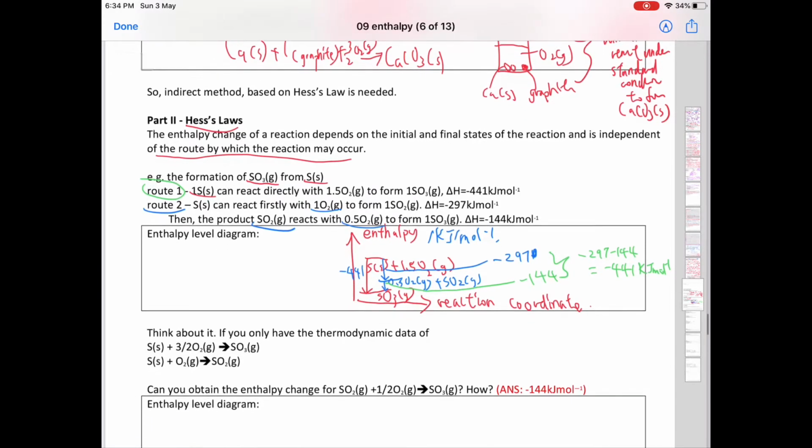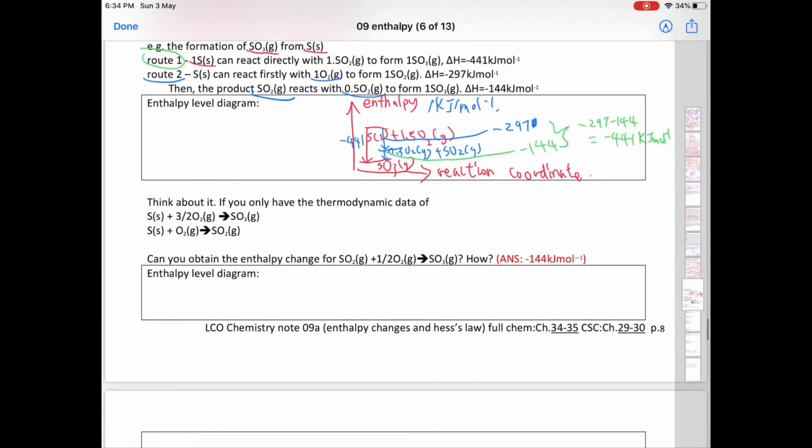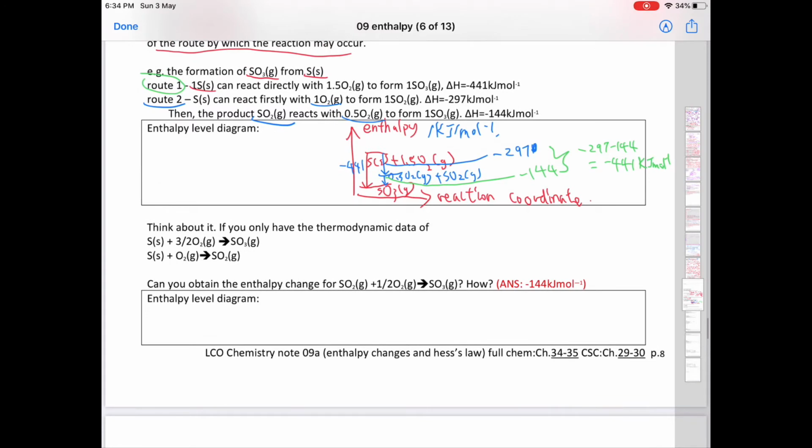Then the second idea, if you understand this enthalpy level diagram: what if you just have two thermodynamic data? First of all, if these species react directly, it has negative 441 kilojoule per mole as the enthalpy change for the first thermochemical equation.